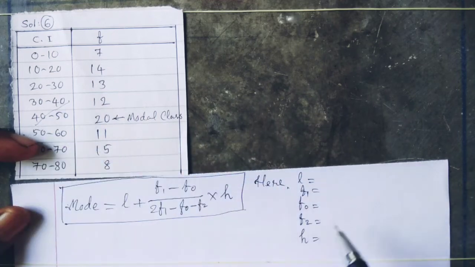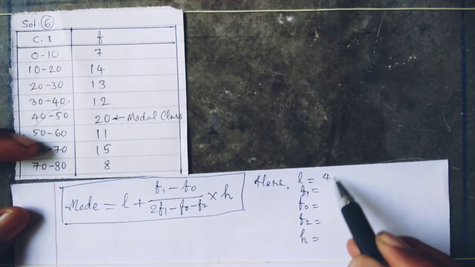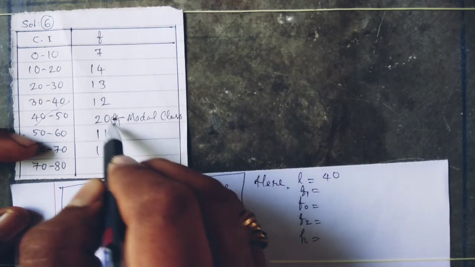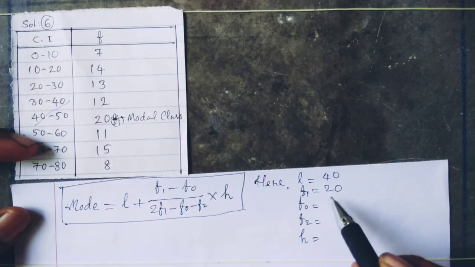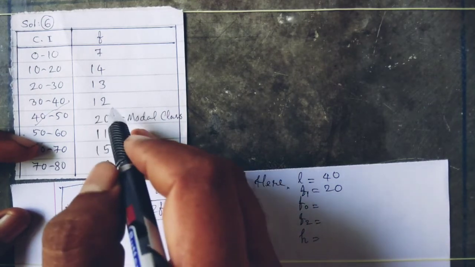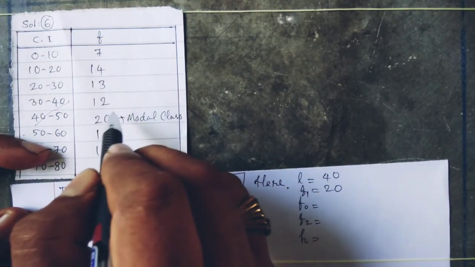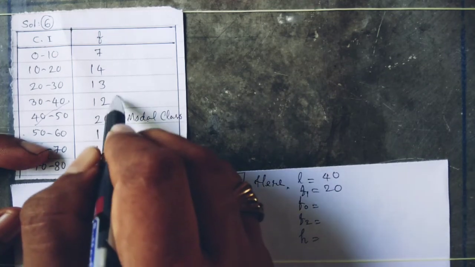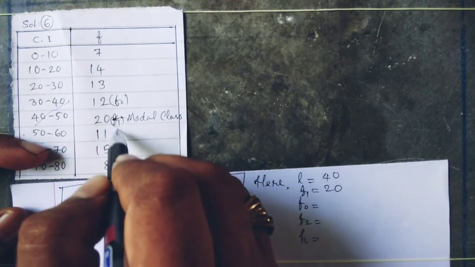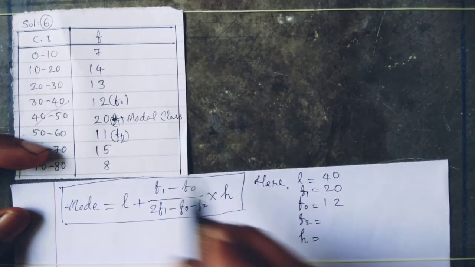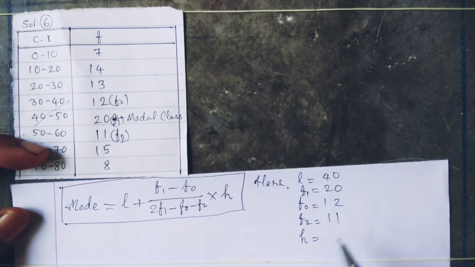Here 40 is the lower boundary. F1, frequency of model class, 20. F0, frequency of class preceding the model class, 12. F2, 11. H, height of the class, 10.